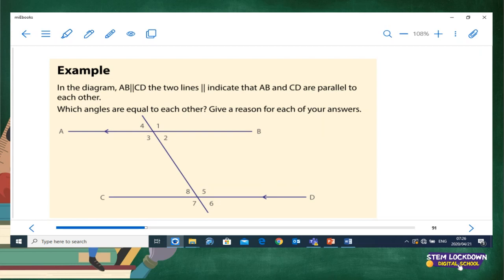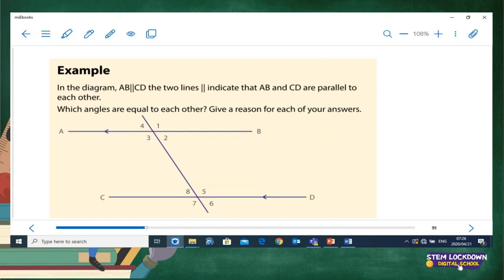Now let's look at the equal angles. I've already said to you this morning that vertically opposite angles are equal. What does that mean? This means that we have got several vertically opposite angles. Let us list only the vertically opposite angles.